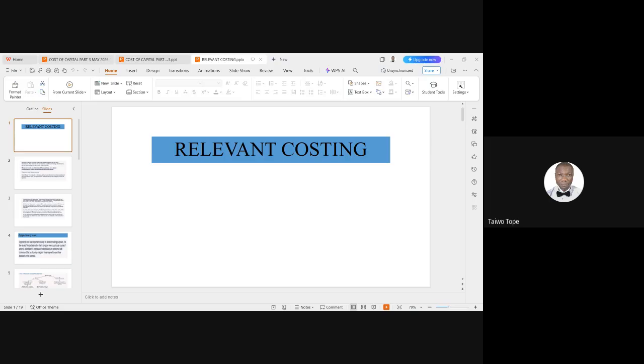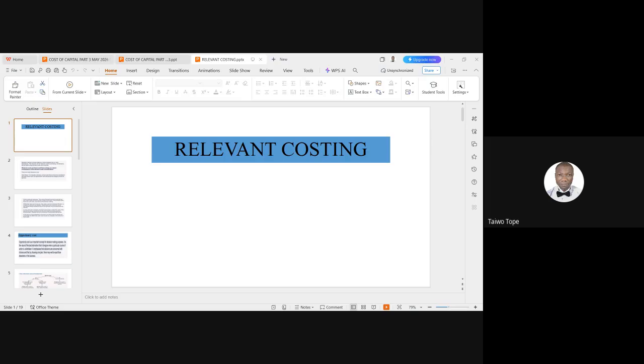So when we talk about relevant cost, it means using only costs that will change because of a decision. In simple terms, we can say relevant cost is the extra cost or savings that will happen if a decision is taken.